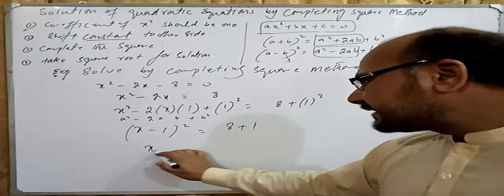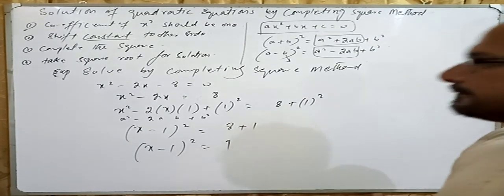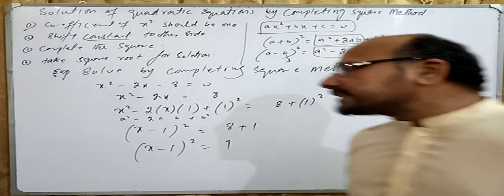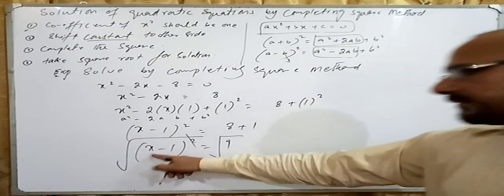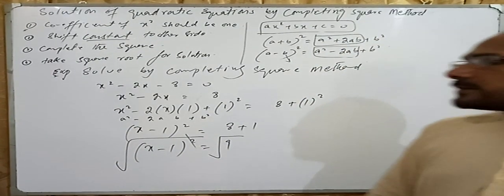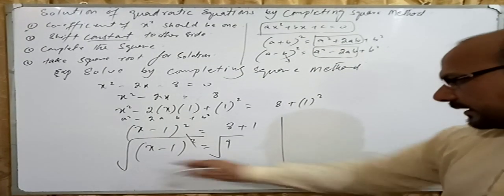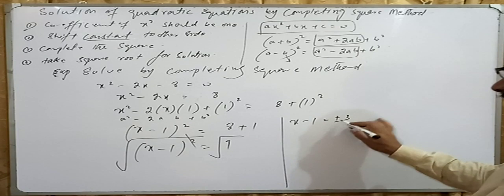So x minus 1 whole square equal to 8 plus 1, 9. Then, after completing the square, the last step is to take the square root on both sides to get the value of x. To find the solution means to get the value of x. So we have x minus 1 equal to plus minus 3.